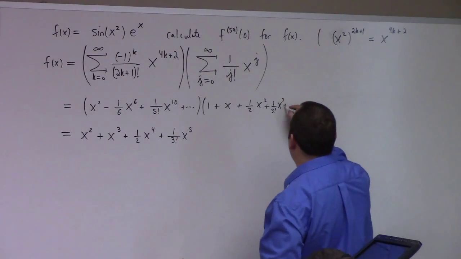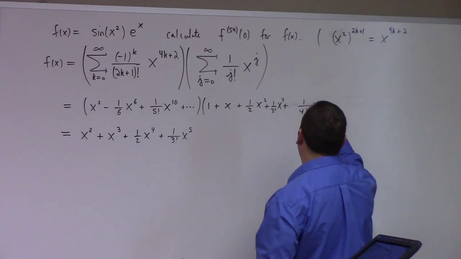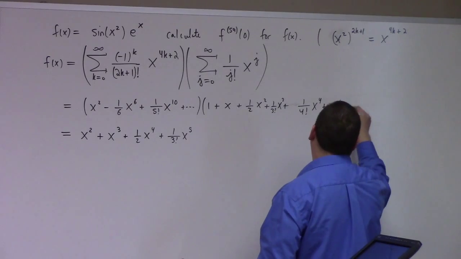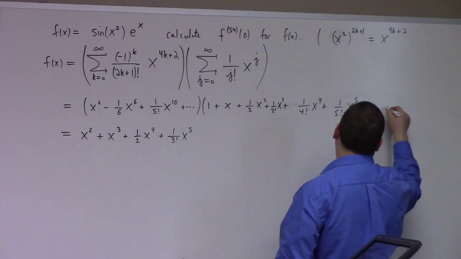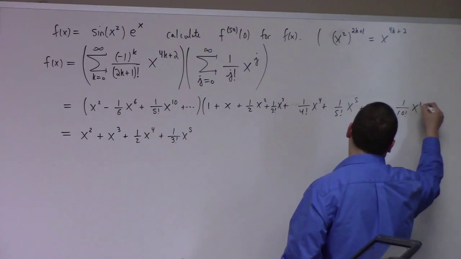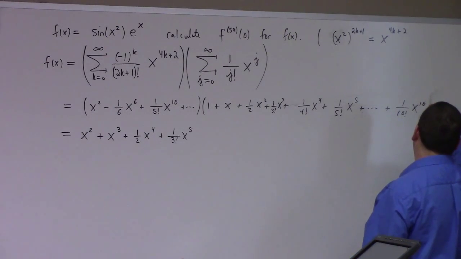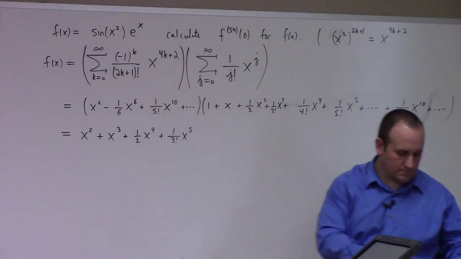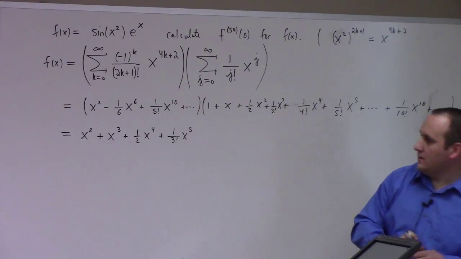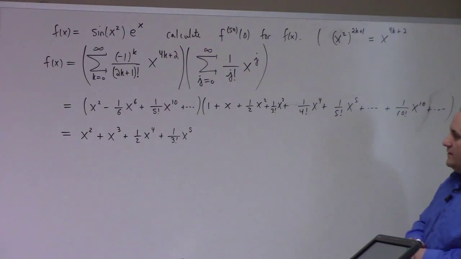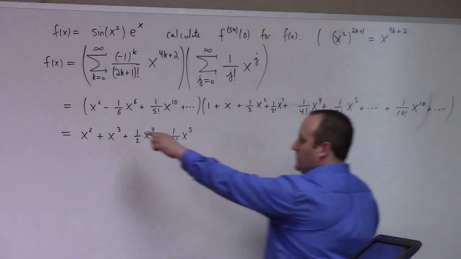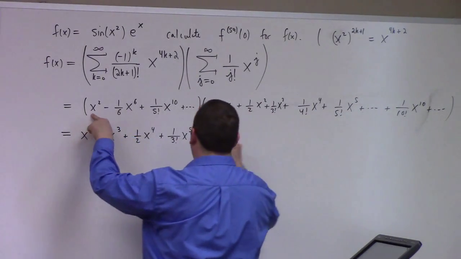Fine, let me write these out because they might be helpful for us to visualize what's going on here. All right, so what's the next thing? Now, x squared times x to the fourth.